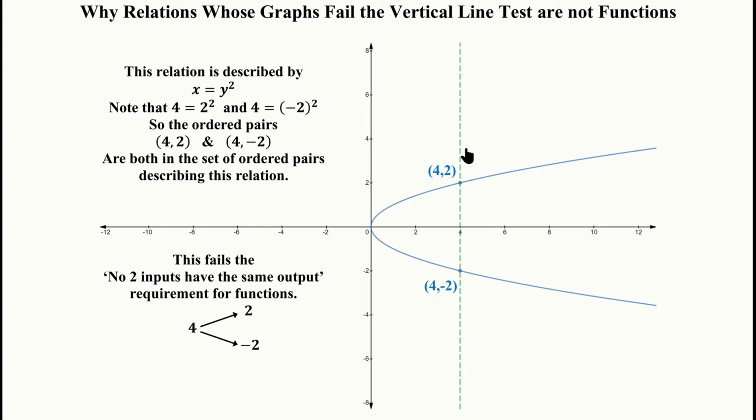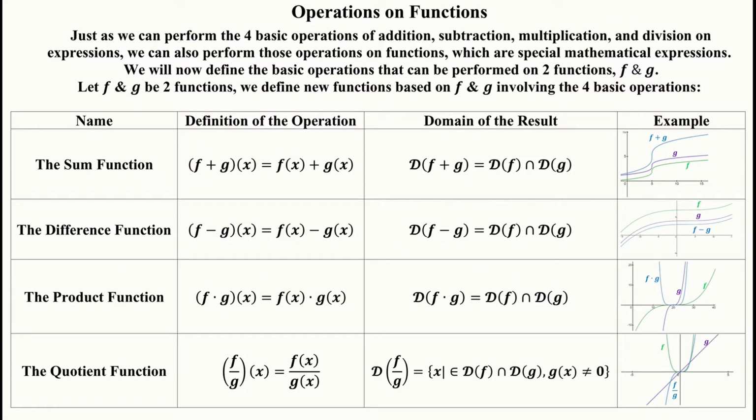All right, so we have previously studied the 4 basic operations of addition, subtraction, multiplication, and division on mathematical expressions. As it turns out, a function is also a special kind of mathematical expression once defined, and we can perform the same operations on functions as well.